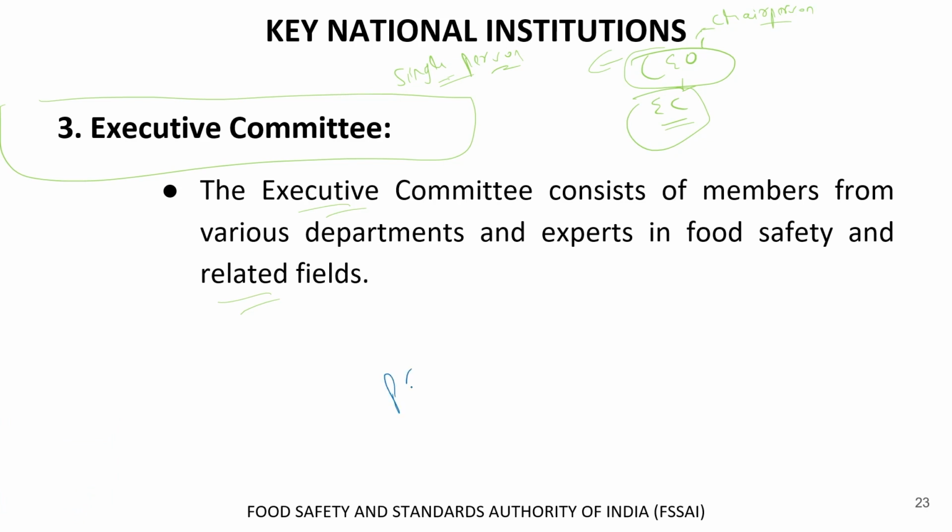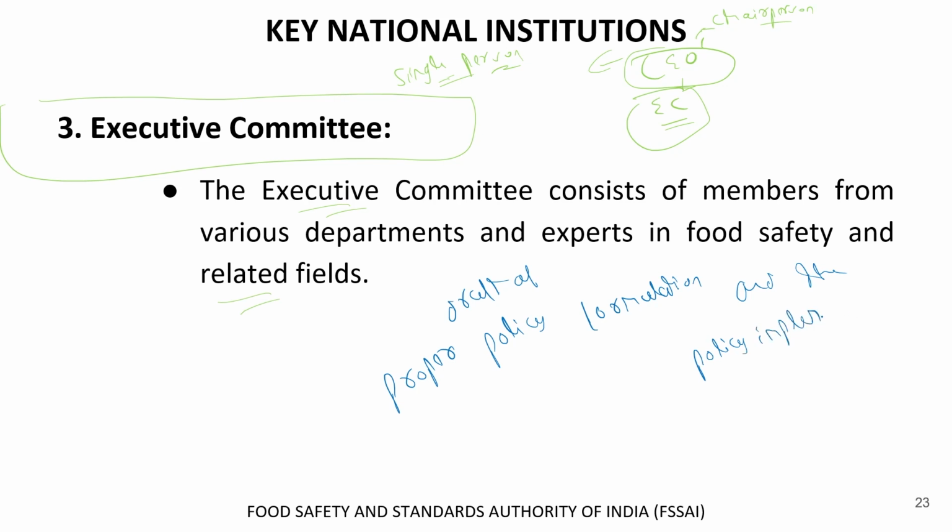proper policy formulation, or you can say proper drafting of policy formulation, and the policy implementation. So they are basically the executives who execute the policy on the ground. Okay, it comprises members of various departments and experts in food safety and related fields.